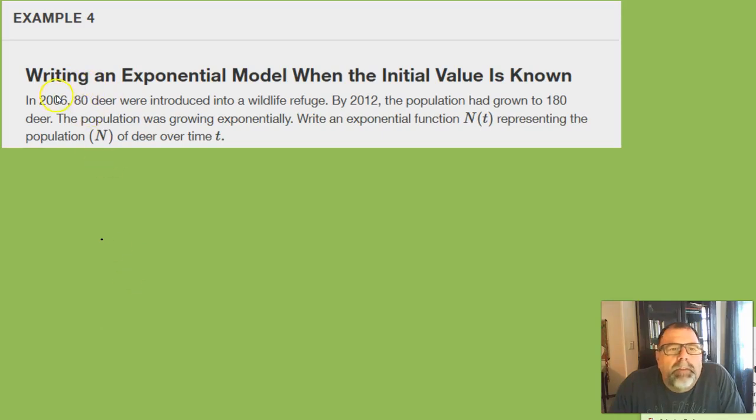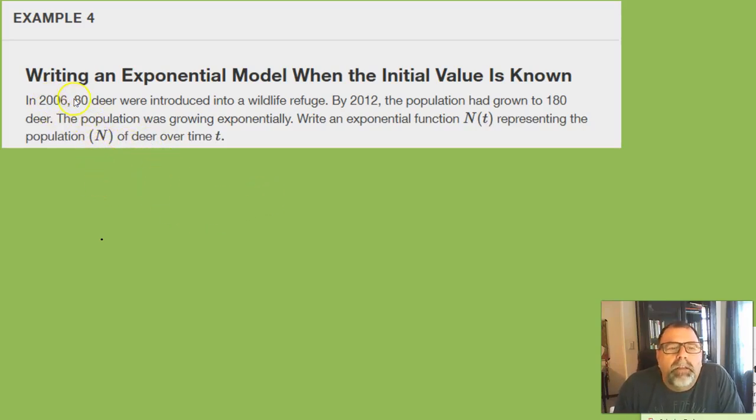Okay, so let's try it with example 4. In 2006, 80 deer were introduced into a wildlife refuge. By 2012, the population had grown to 180 deer. The population was growing exponentially. Write an exponential function n of t representing the population n of deer over time t.